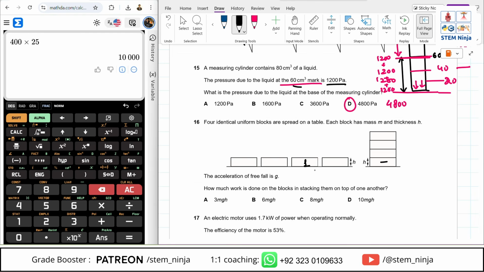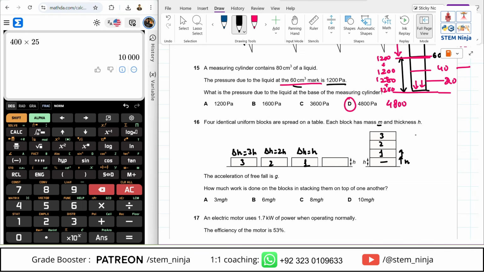So let's say, for example, if this is the first one, this is the second one, and this is the third one. For the first one, the change in height is h. For the second one, the change in height is 2 times h. Furthermore, for the third one, the change in height is 3 times h.